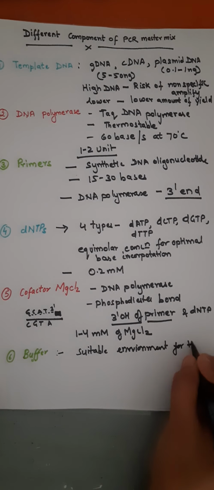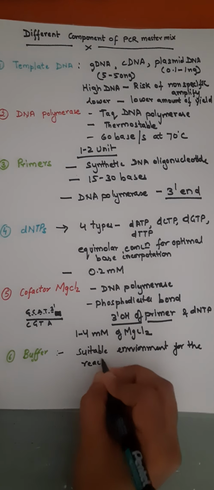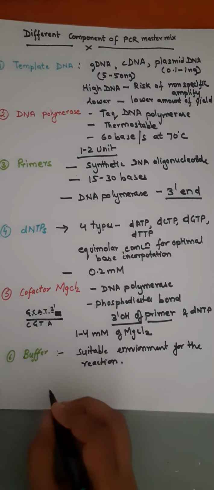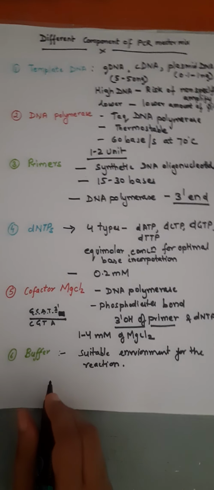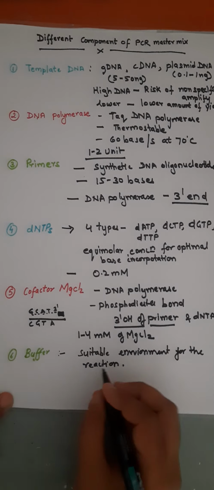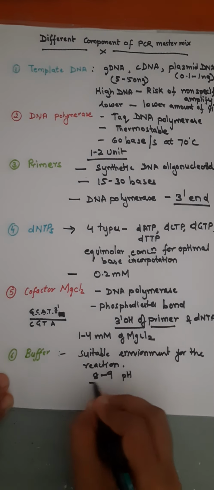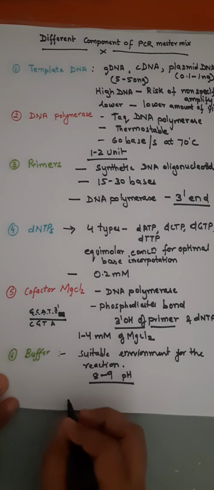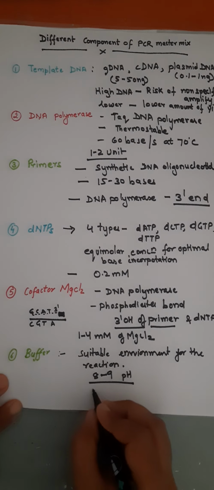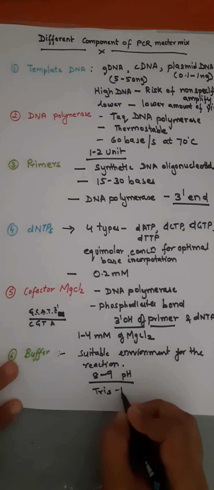In general, the pH of the buffer is around 8 to 9, and this is maintained by the chemical known as Tris-HCl.